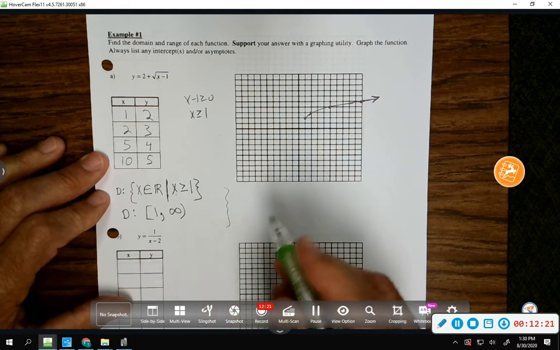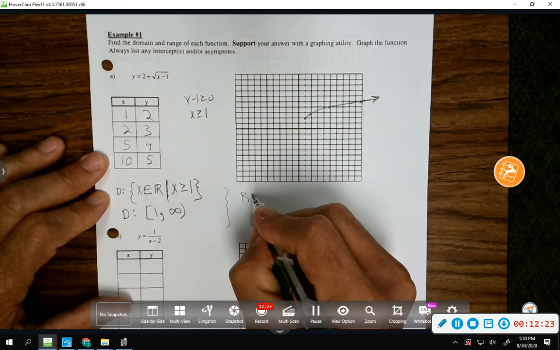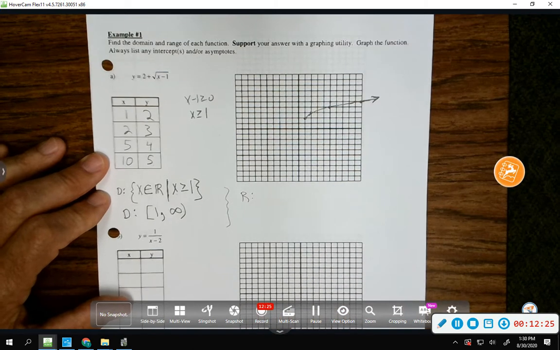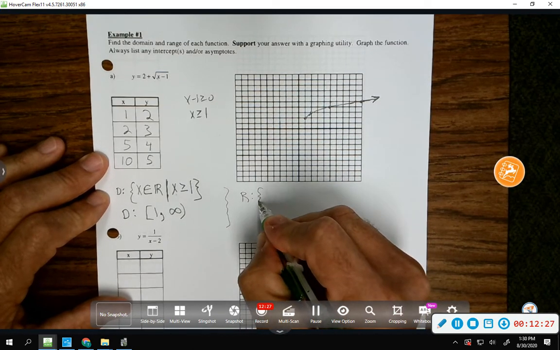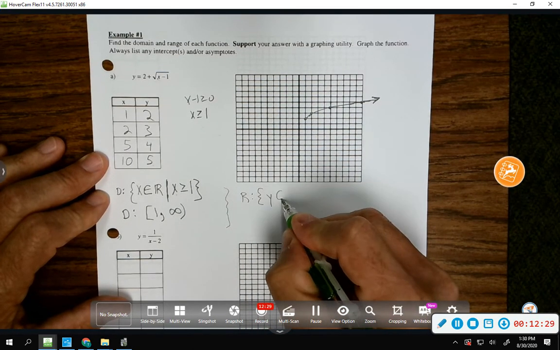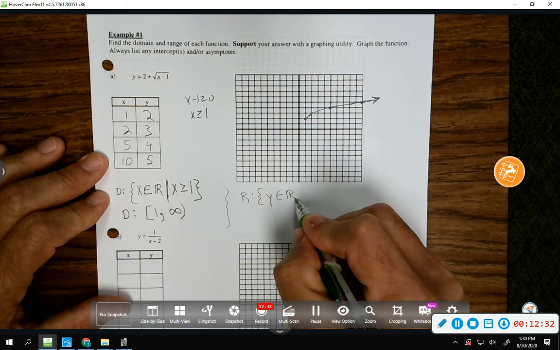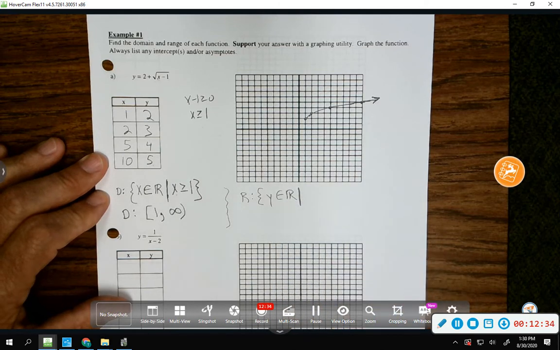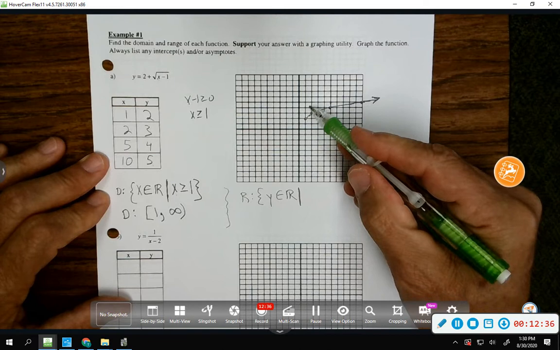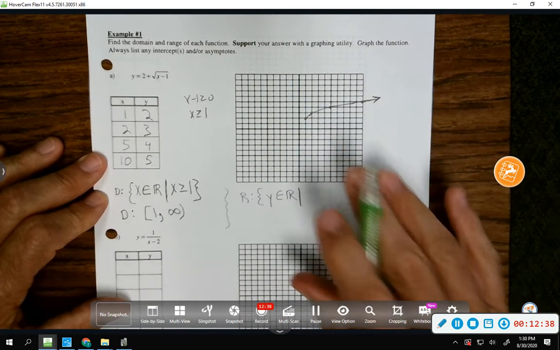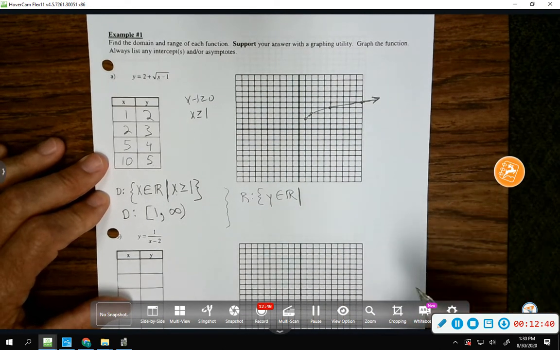In order to state the range, so we put an R there with a colon. We do it the same way. Set builder. Y is the element of any real number such that, in this case, the Y values are greater than or equal to 2. You have to be able to know how to graph it really to get the range, or you got to be able to think intuitively a little bit on some of the ranges.